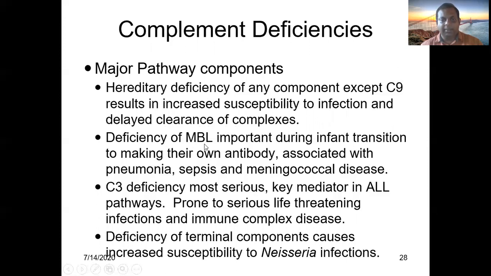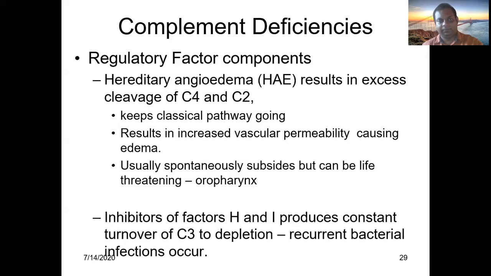Deficiency of MBL is important during infant transition to making their own antibody, associated with pneumonia, sepsis, and meningococcal disease. C3 deficiency is most serious, as C3 is key, mediating all pathways; patients are prone to serious life-threatening infections and immune complex diseases. Deficiency of terminal components causes increased susceptibility to Neisseria infection, including meningitis.